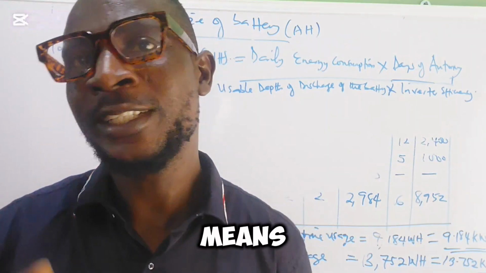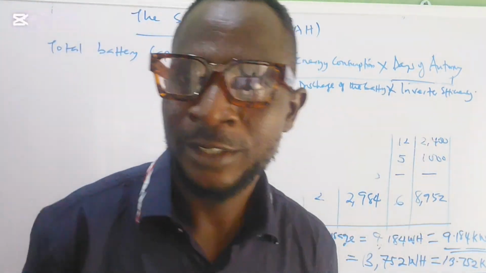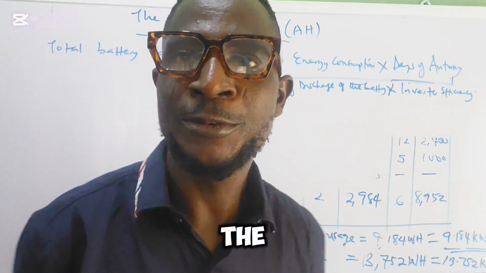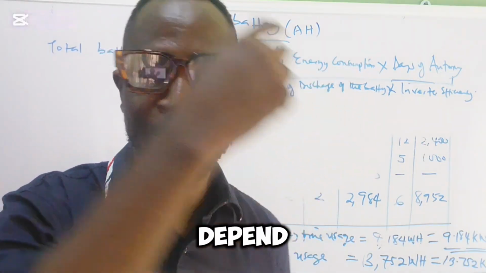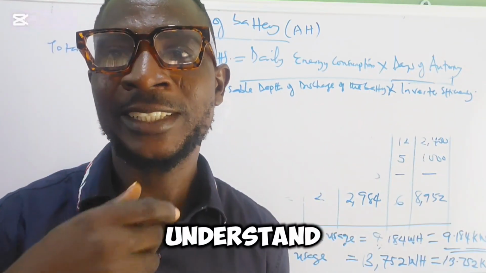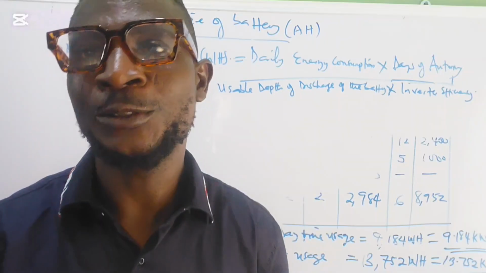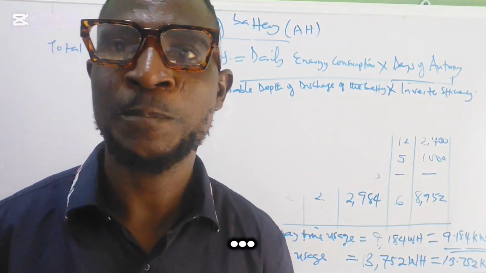Days of autonomy means the days you will use only the battery. Let's say it rained the following day, then you still have to depend on the battery over the night. You understand? You still have to depend on the battery over the night, so you have to size it bigger.